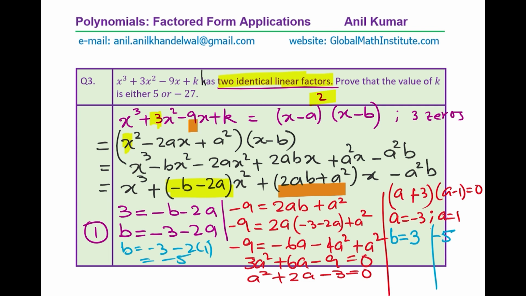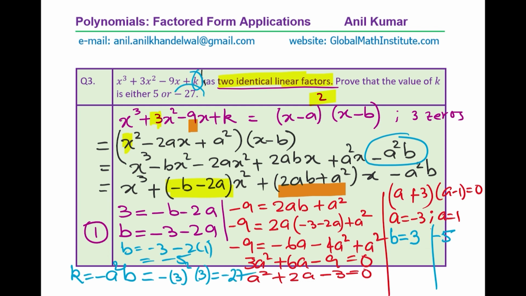Now what is k? The constant k is basically minus a square b. You see that? We have the values for a and b, we can substitute. So if I write minus 3 for a, I get minus (minus 3) square times 3, and that gives us minus 27, correct?